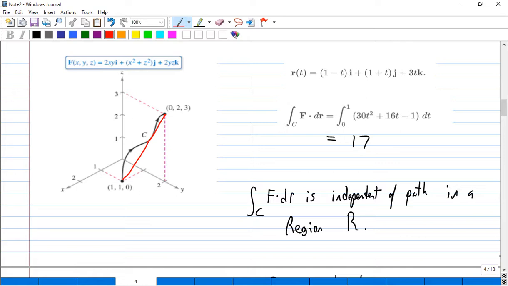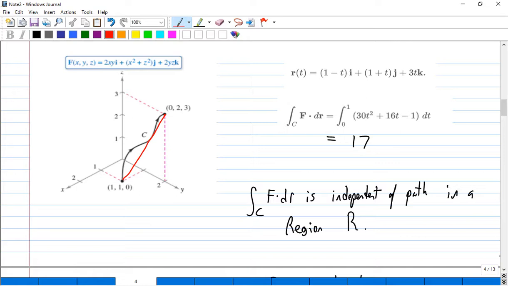So that's kind of the main point of all of this: yes, we can work it out using the line integral of F dot dr, but if it's conservative, we know it's path independent. If it's path independent, then we can make any path that we want, as long as it starts at that initial point and ends at that terminal point.